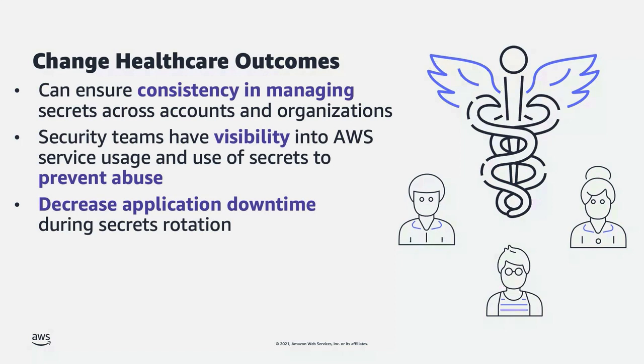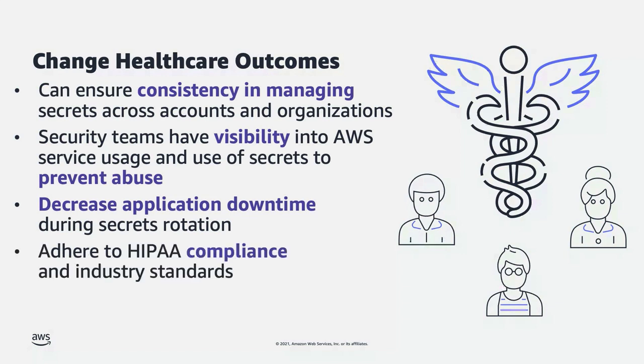Additionally, their past way of rotating credentials did essentially mean that there was going to be application downtime. However, with Secrets Manager, you do not have to worry about that. So there was a decrease in application downtime, and they were also able to adhere to their HIPAA compliance and industry standards.